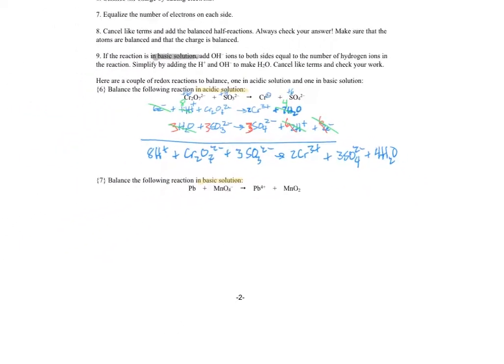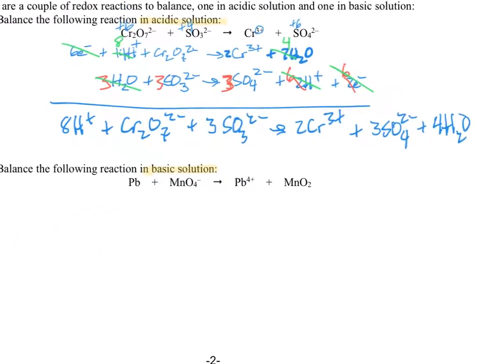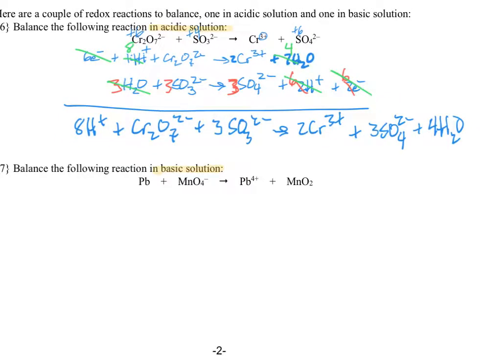So let's zoom out on that so we can see the whole reaction there in the middle of the screen. All right, and I should be done, but I always like to check my answer at the end.